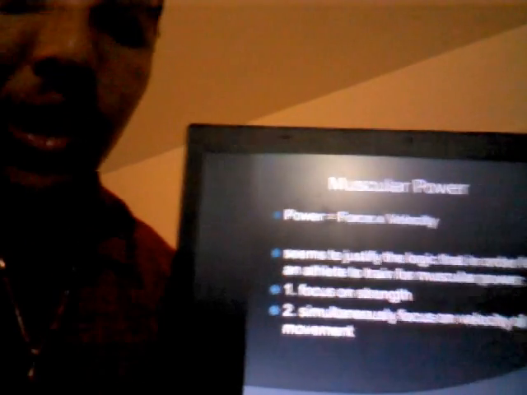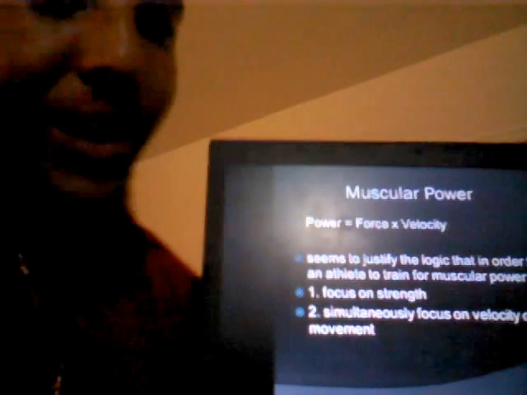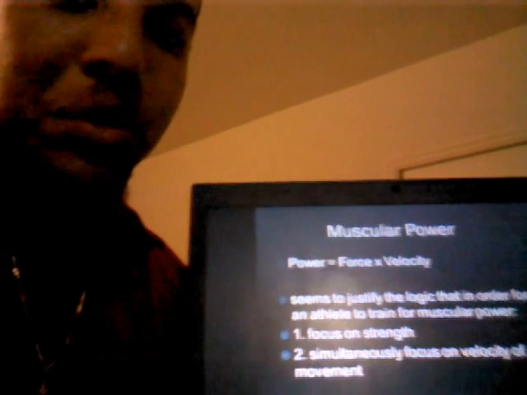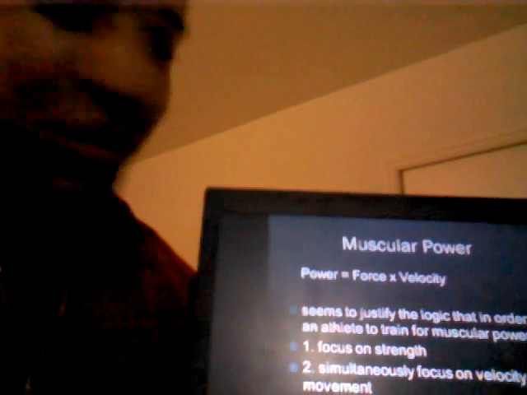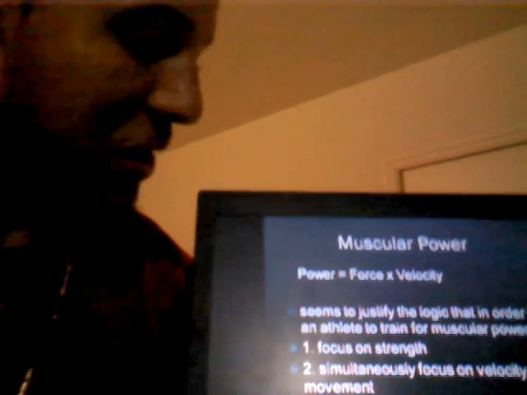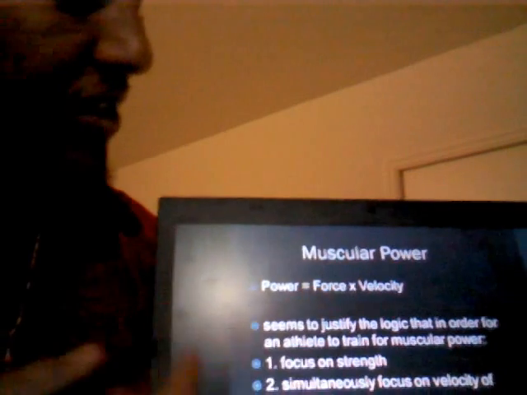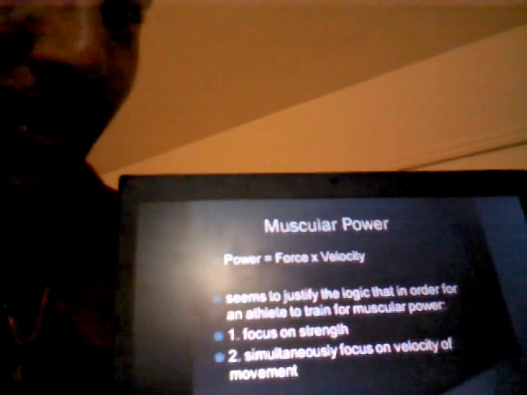Another thing that's important to point out when analyzing speed is the power aspect. It's kind of a traditional scope of looking at speed. If you've ever taken physics, which I'm sure all of us have, maybe you recall this formula: power equals force times velocity.